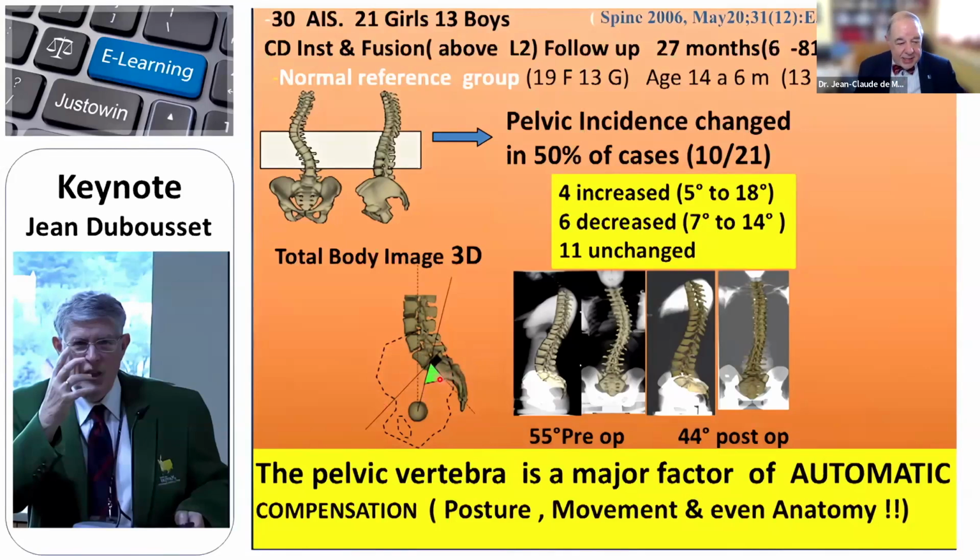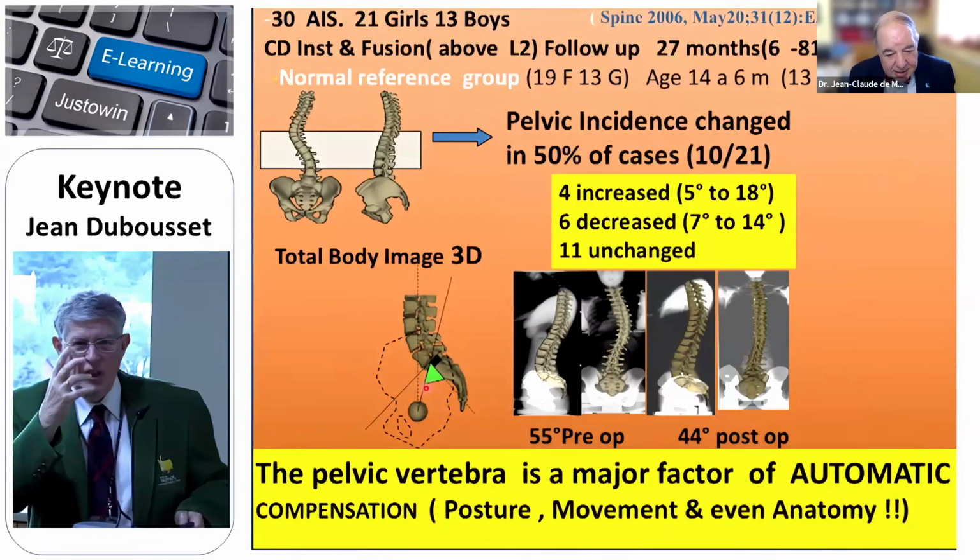And this means that for half of the patients, you have a modification of pelvic incidence, and together frontal curve and sagittal curve. There is an evolution, and this is an automatic compensation.